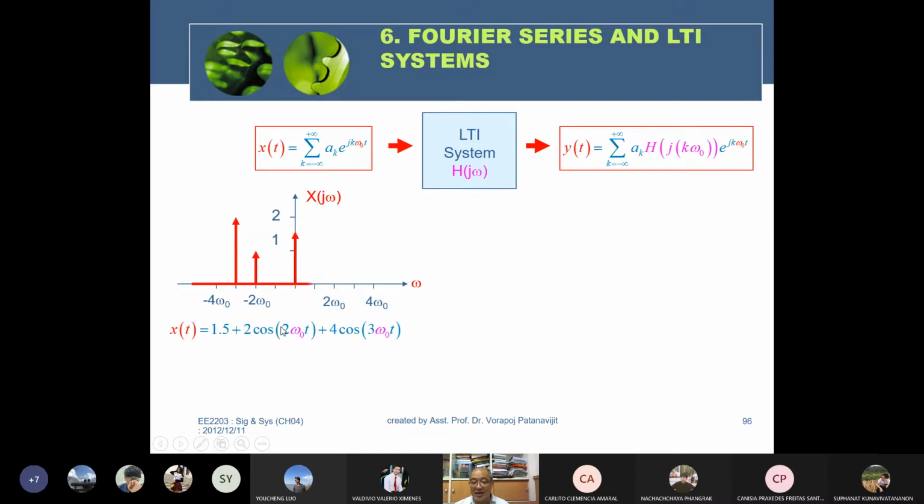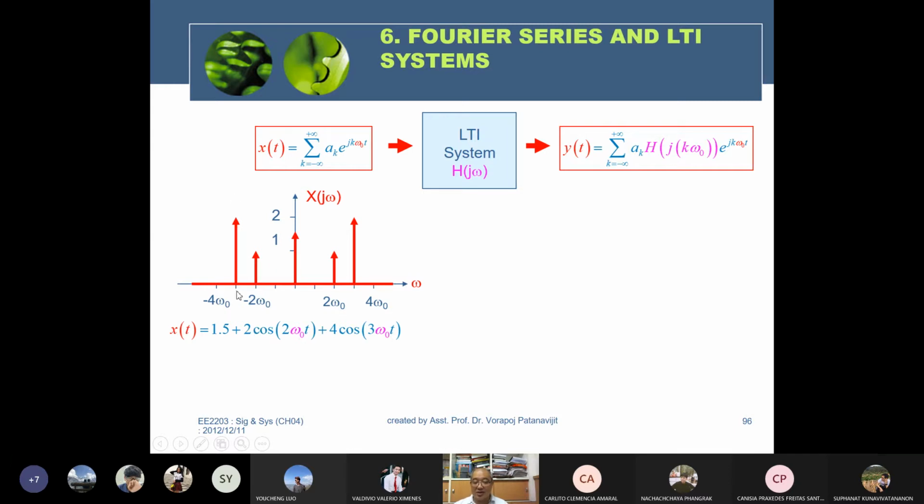If you write x(t) in the time domain, you don't see anything clearly, right? But if you get it in the frequency domain, by using the Fourier series expansion, you can express it here.